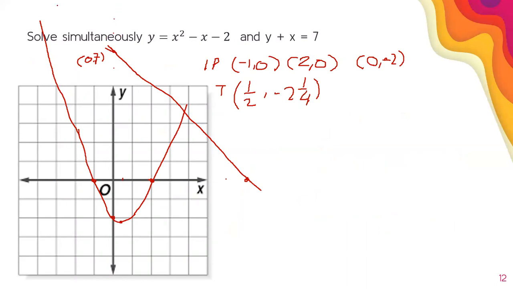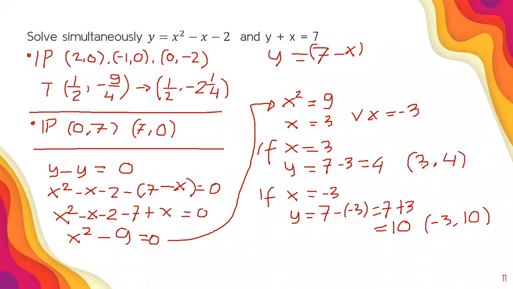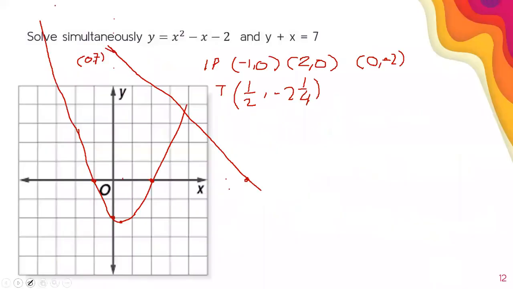You could draw on your notebook. And afterwards, the first one 3, 4, 1, 2, 3, 1, 2, 3, 4 around here. Yeah, if you draw on your notebook, you're gonna find the intercept points between this parabola and this straight line.